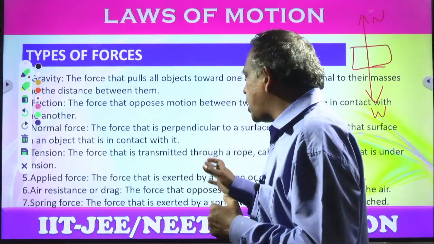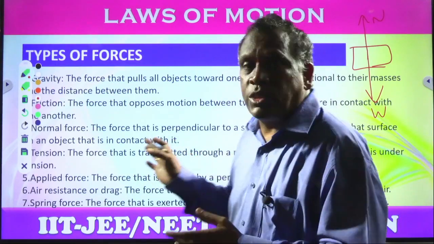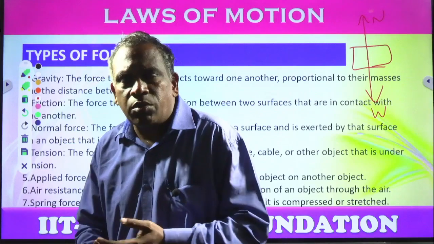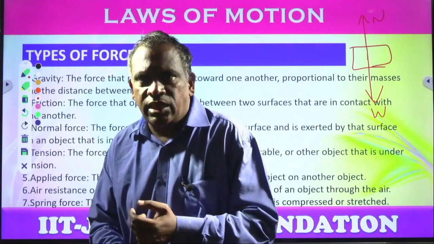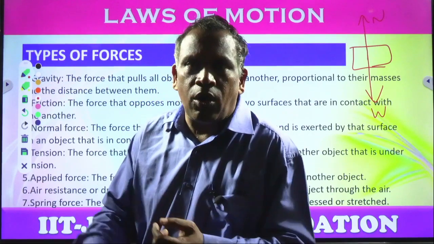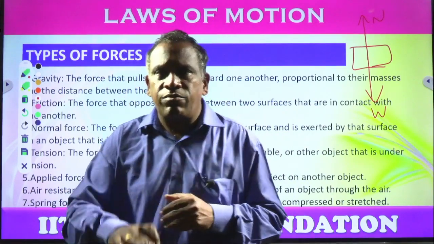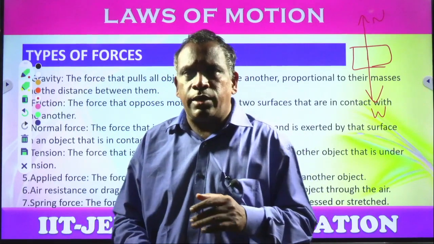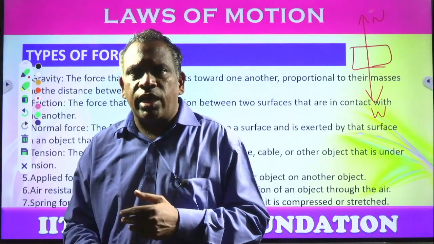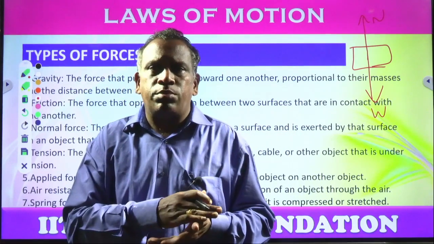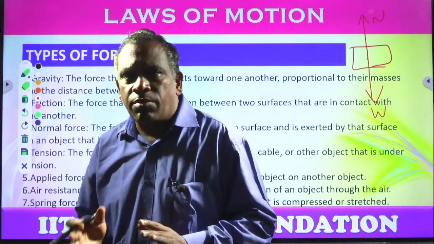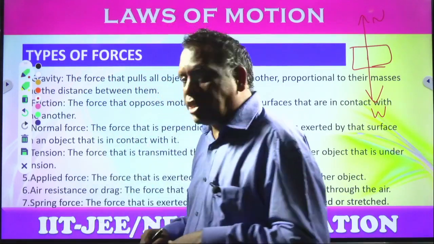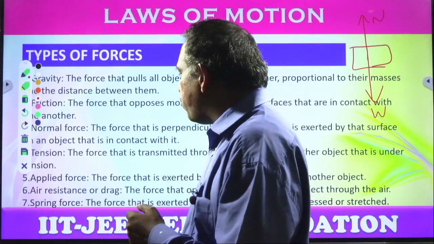The force transmitted through ropes, cables, etc., is called tensional force. So we have tension in the string and tension in the rope. If a rope is passed over a pulley, with one end connected to an object and the other a hanging object, this type of problem comes under tension.